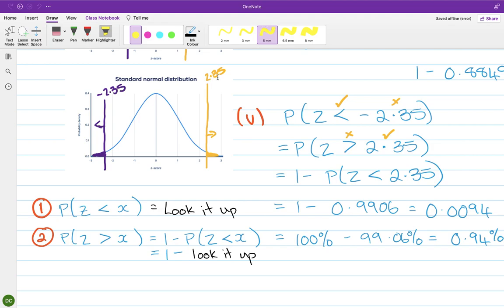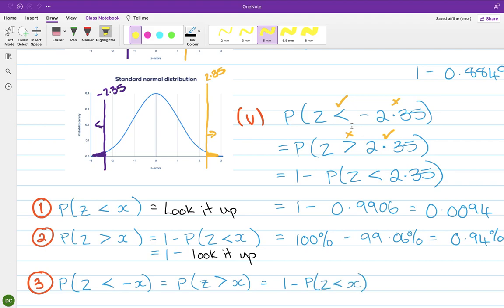Yeah? So then the third one is the probability that the z-score is less than a negative number. Yeah? And that's what we did here. So less than a negative number is the same as being greater than a positive number, which is the same as 1 minus the probability of it being less than that positive number.